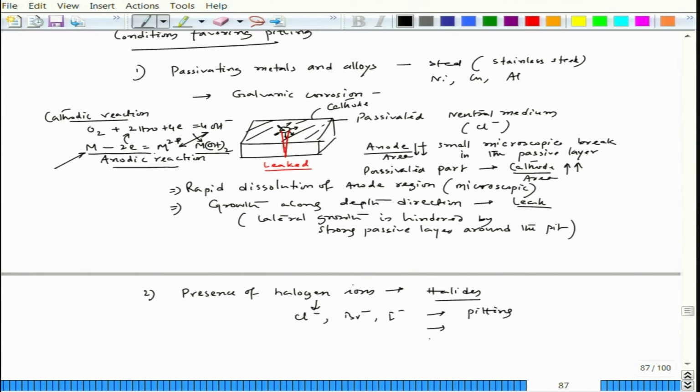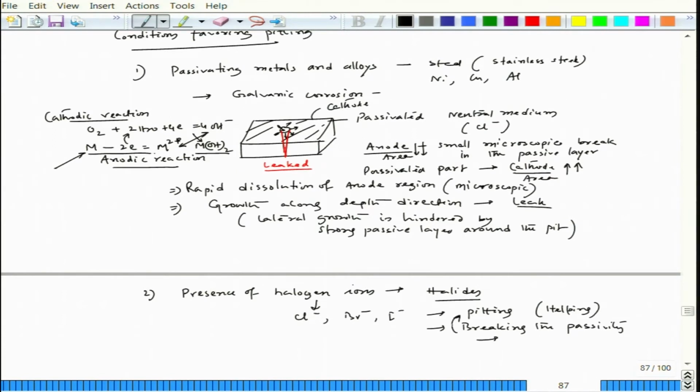In fact, these elements are actually helpful in breaking the passivity. It acts opposite to passivity, or it actually hinders passivity. So, this is helping pitting, and this one also helps to start pitting.